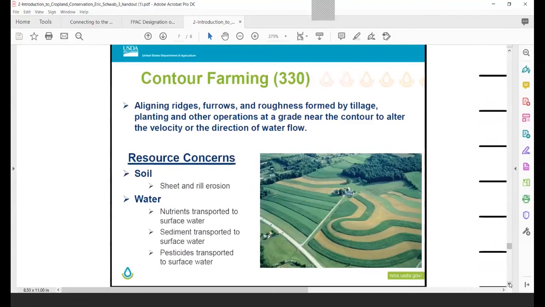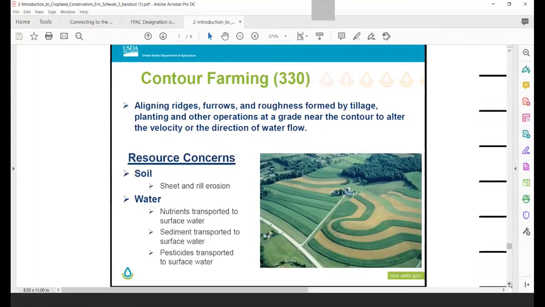Again, this will slow the water down to some extent and reduce sheet and rill erosion and the sediment and nutrients that cause water quality degradation. So you can see how we follow the contour of the field.